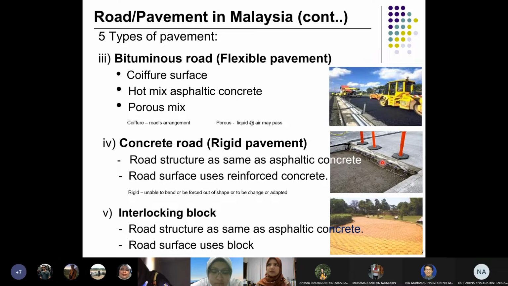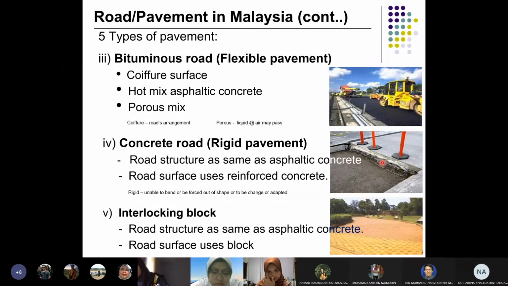Building structure kalau you masuk lab concrete, you ada bunch of concrete kan, you mix the concrete and then you put the you design for the rebar, okay, design for the link, right? So sama. Untuk rigid pavement dia menggunakan material yang sama untuk building construction, right?